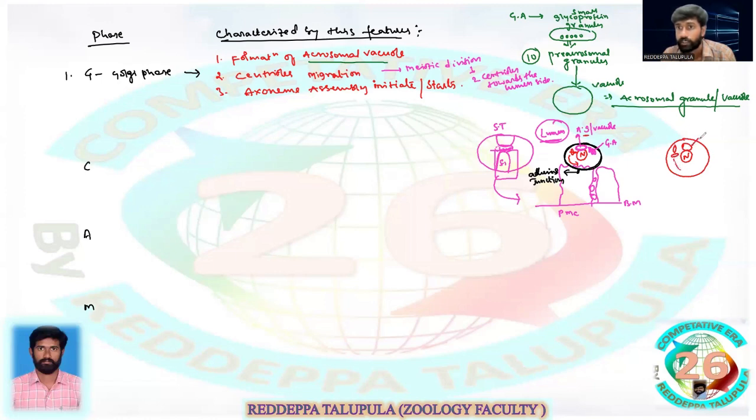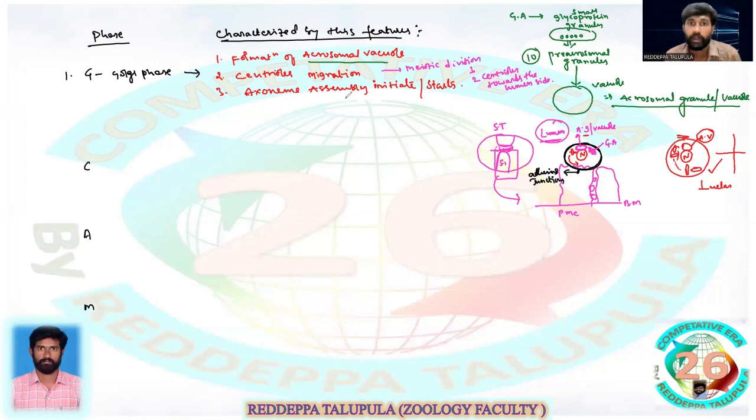They will lie perpendicular to each other: one along the axis of the spermatid, and another along the horizontal axis. Keep it in mind, the centriole migration happens in the Golgi phase, shifting towards the pole opposite to the acrosomal pole.